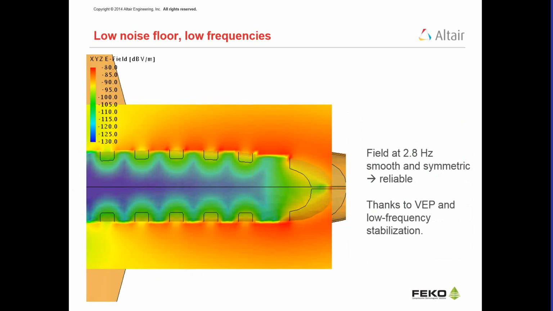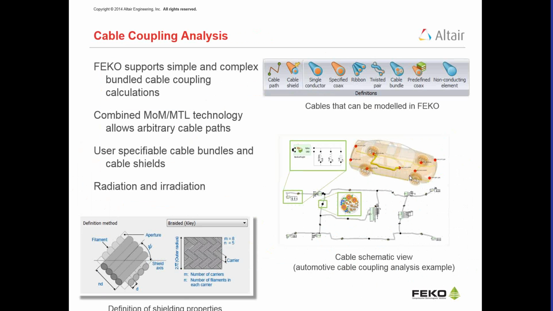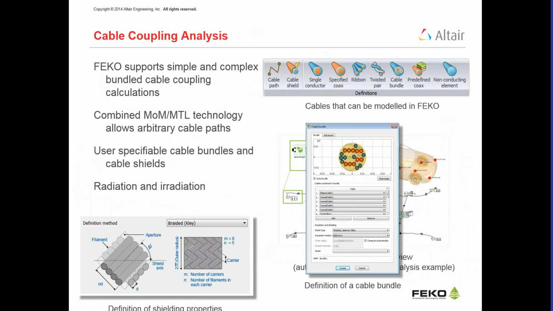So we used 3 cables inside the aircraft to see how to do the cable coupling. FEKO can use the cable analysis tool that it has inside FEKO to handle various types of cables and cable routings, and also using schematics to add lumped elements and sources and all those things that can give you both radiation problems, but also you can combine the cables to create a cable bundle that can run through this.